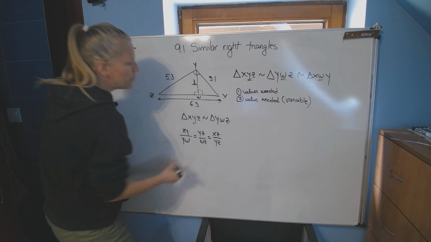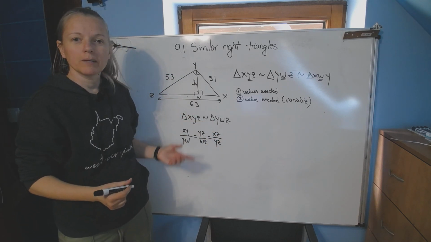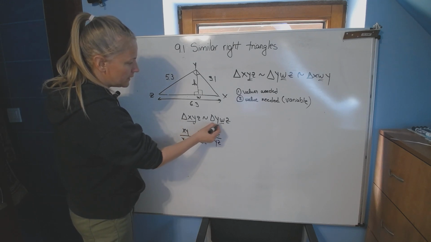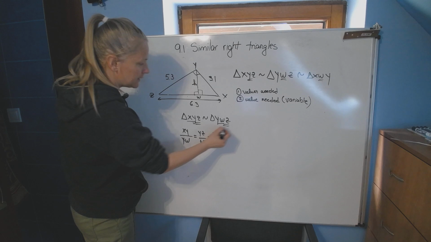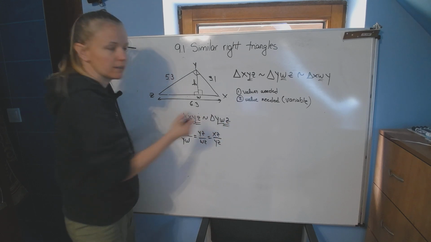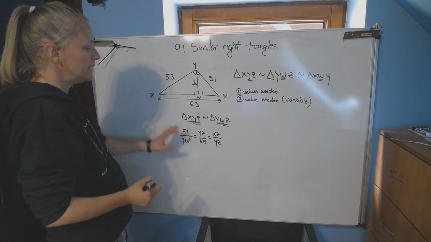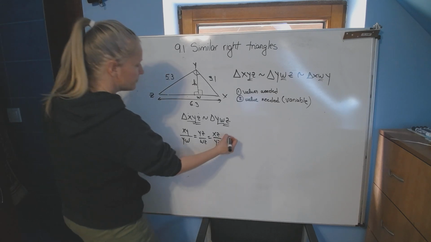This is why it's so important to write these in the right order, because then you literally have the proportion done. 2 letters over 2 letters will equal second letters over second letters will equal first and third over first and third. It's just set up. Now let's go ahead and replace everything that we know, and then we decide what we're going to use.